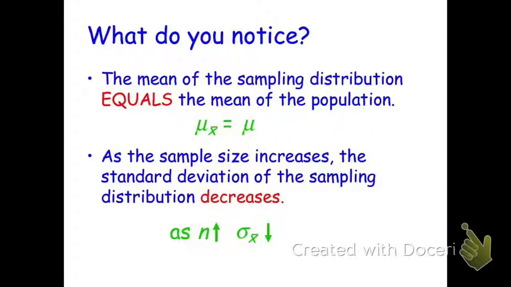Something that you will notice is that the mean of all of your samples equals mu. And that's kind of like the sampling distribution. It's just like how mu of p hat equals p. This is the same thing, but now we're calling it mu. So this is what we learned in the last unit.